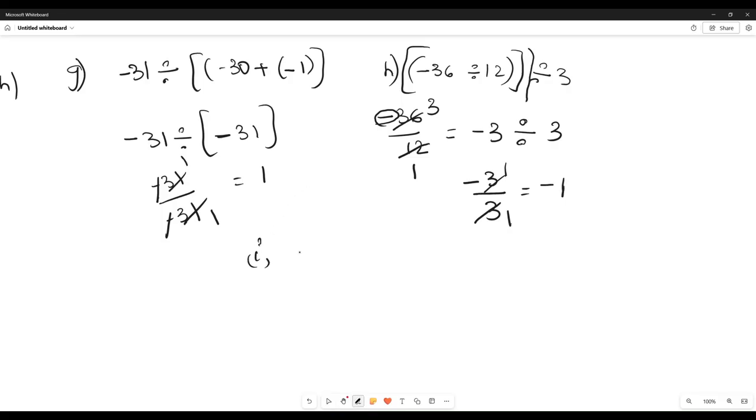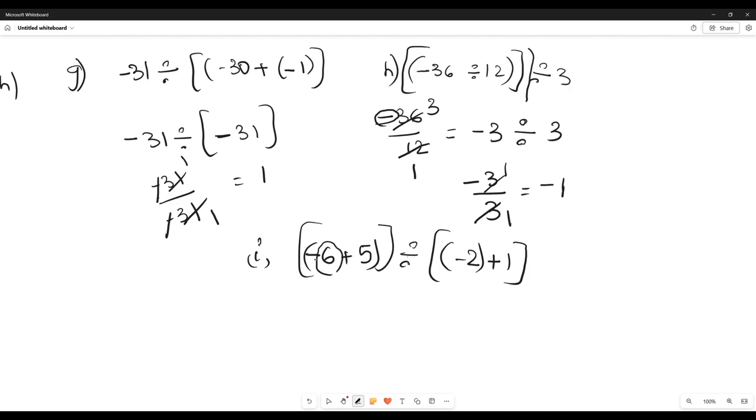In the next one, I. Minus 6 plus 5 divided by minus 2 plus 1. So let's remove the brackets first. Minus 6 plus 5. 6 is the bigger number and the bigger number has which sign?